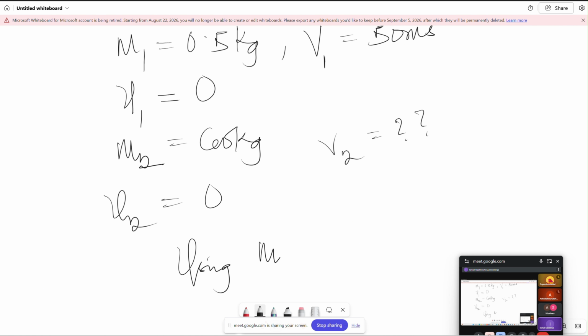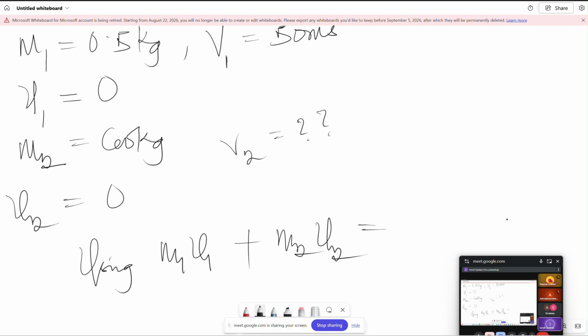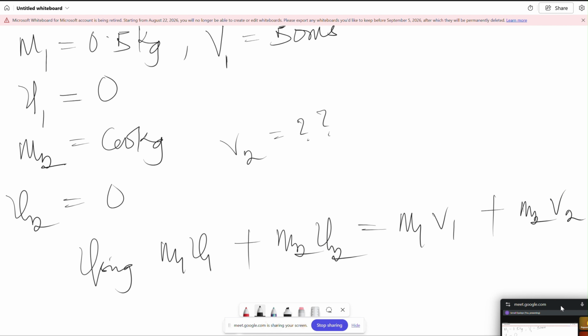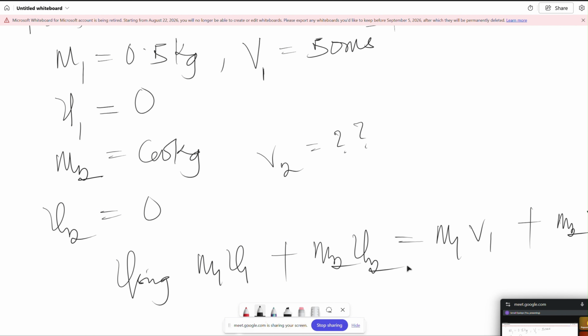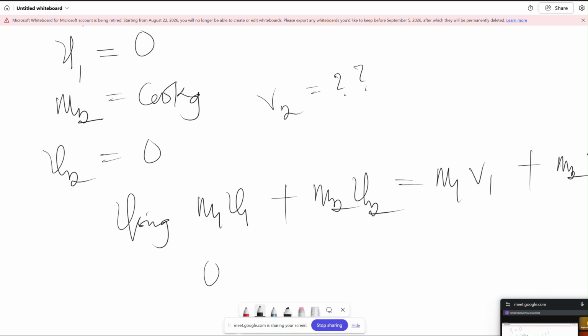So using m1 u1 plus m2 u2 is equal to m1 v1 plus m2 v2. Okay, so here now m1 is 0.5 multiplied by u1, 0, plus m2 multiplied by u2.